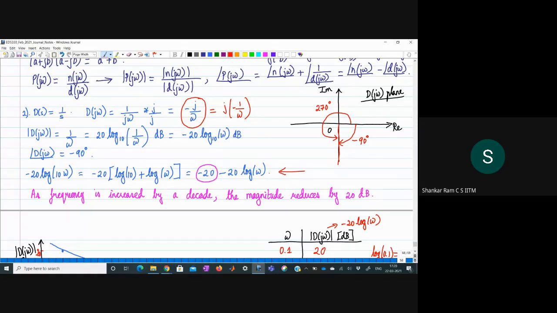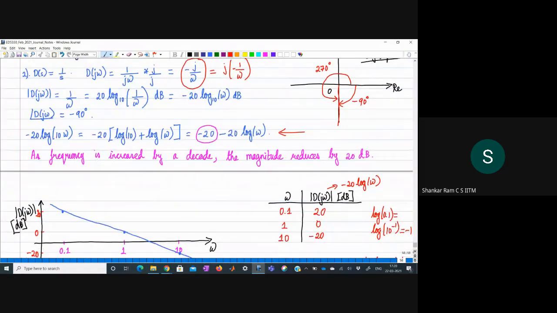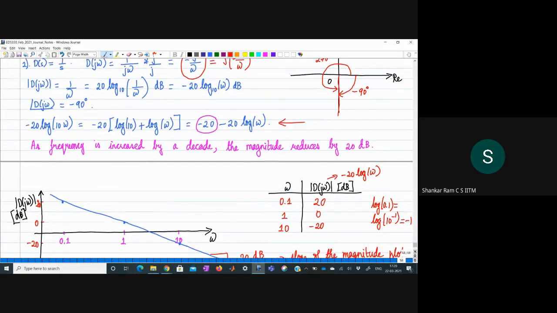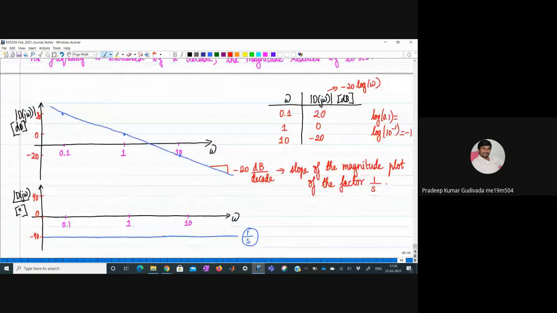For any point that lies on the negative imaginary axis, the phase or angle can be considered as minus 90 or plus 270. Correct? There is a reason why we are choosing minus 90 rather than plus 270. That will become clear as we go. Is that clear? Yes, Professor. Okay.